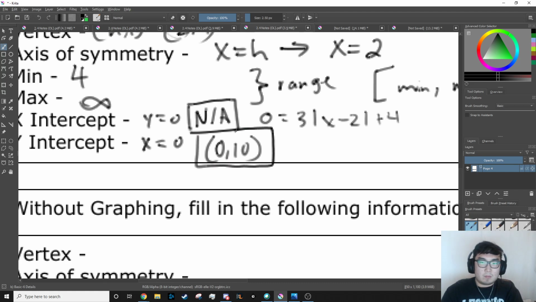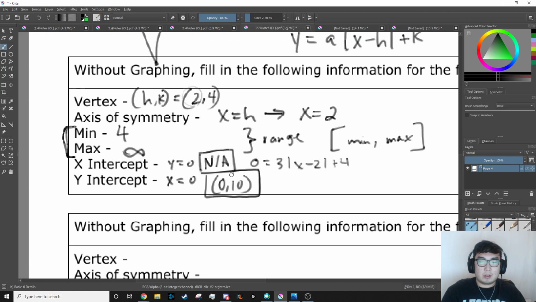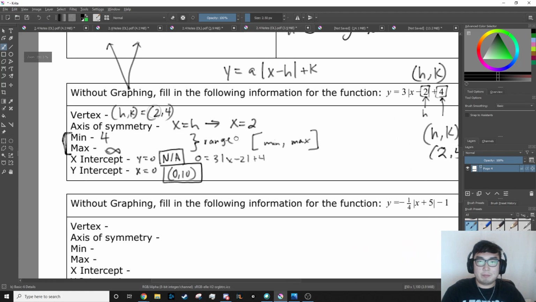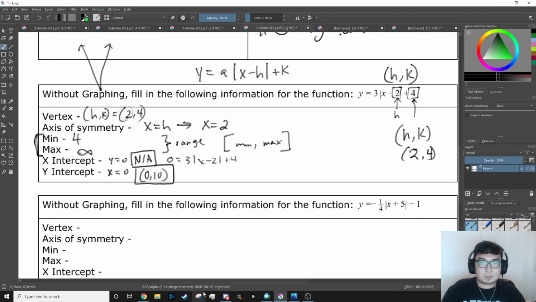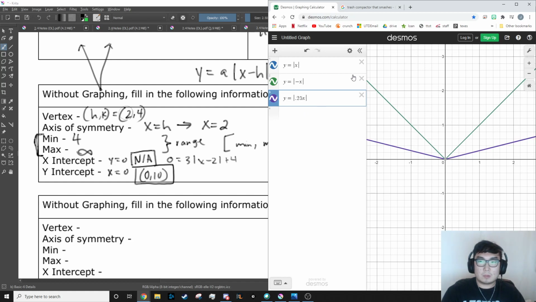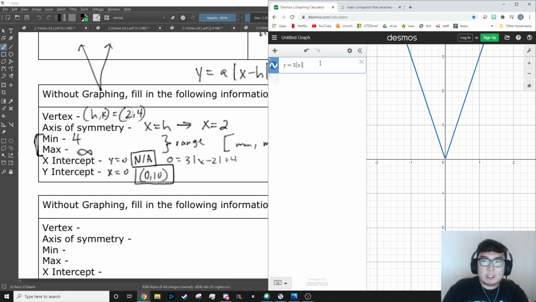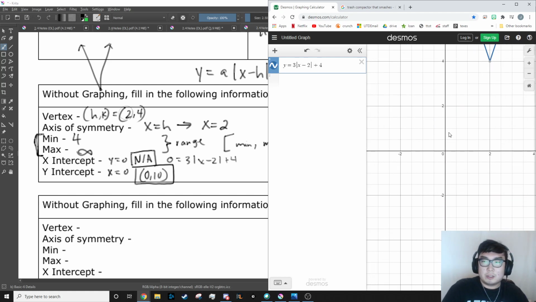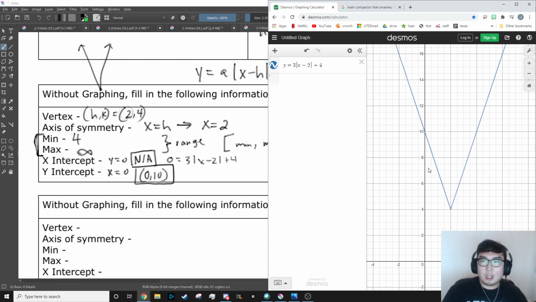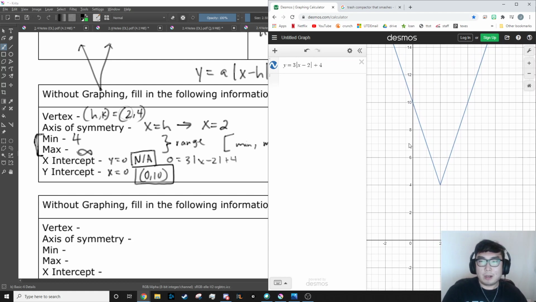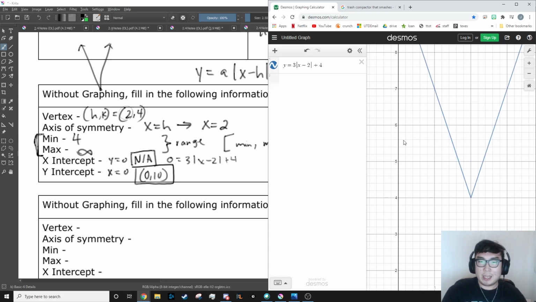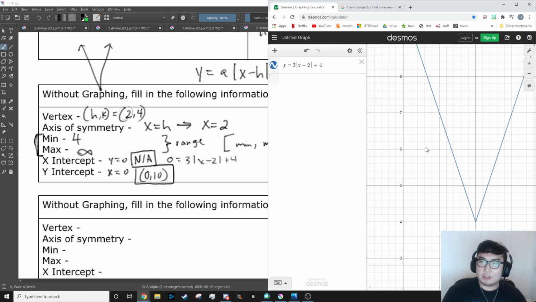And let's try graphing this now to check our answers. So the 3 was outside, minus 2 plus 4. So it's all the way over here. What I really want to check is my x-intercept and y-intercept. Those are the most interesting.